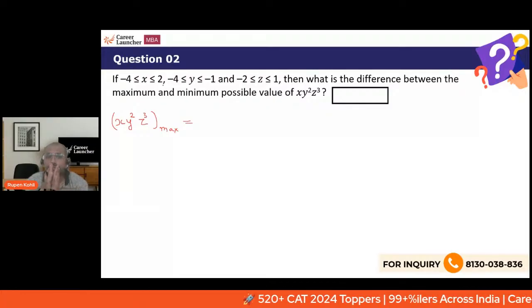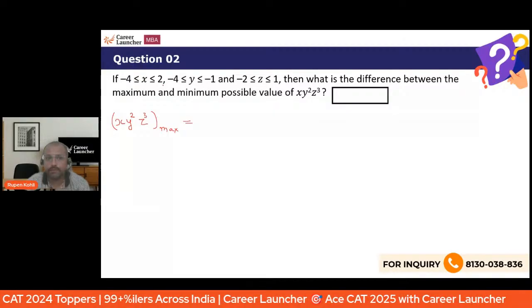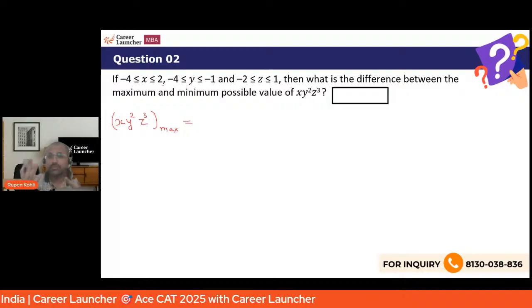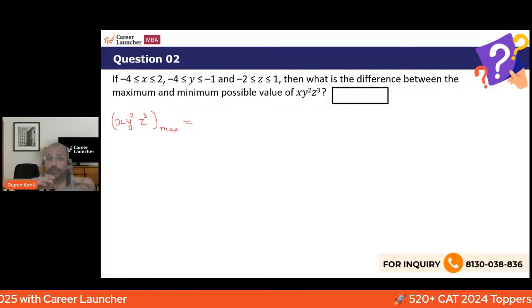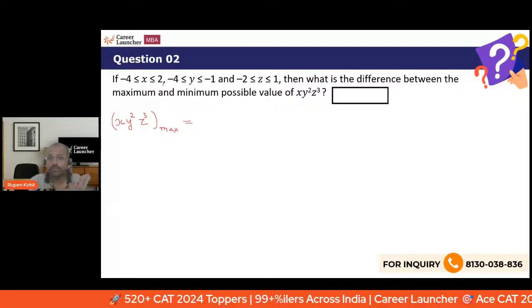What I'm trying to say is that if we take x as 2, then we are limited to a very small magnitude, okay? So you might be thinking, why am I taking -4, a negative value? We want a positive product. But the thing is that we also have the option of choosing a negative value for another number. Minus into minus is positive.